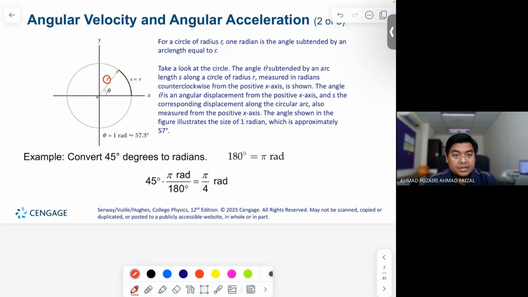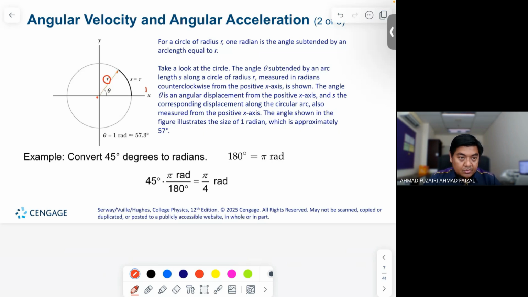The angle theta subtended by an arc length s along a circle of radius r is measured in radians counterclockwise from the positive x-axis. Why is it counterclockwise here? Because it started from the positive x-axis. Well, we can include the x and y axis in these Cartesian coordinates.